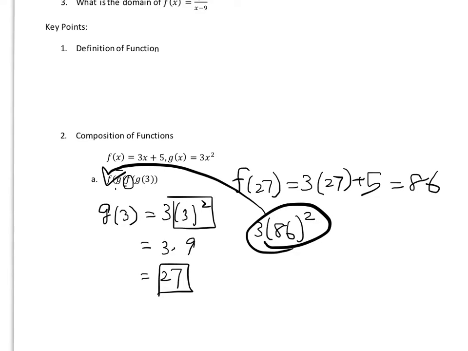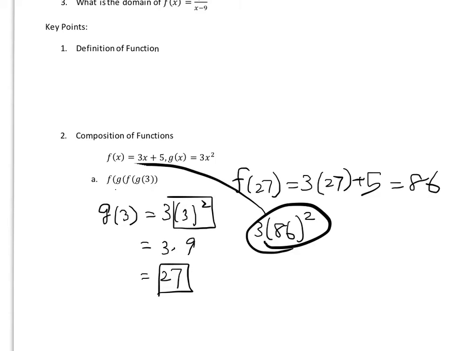So the 3 is the input, right? 3 goes into the g machine first, then whatever you get goes to the f machine, and then whatever that is goes to the g machine, and then whatever you get from there goes to the f machine. That's what it is.